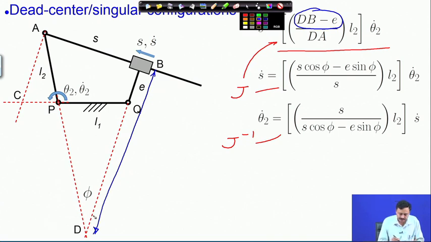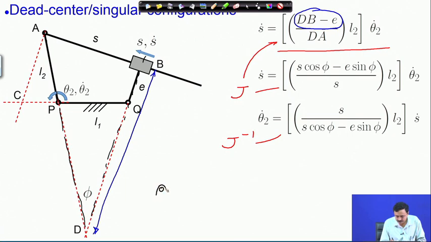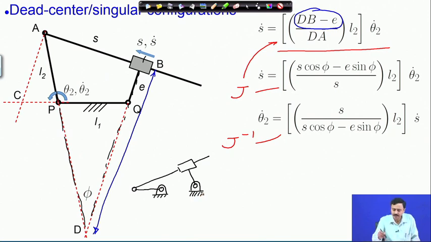Remember, D is located by the intersection of a line through the point Q in the direction perpendicular to the sliding direction and a line through A and P. Let us see what happens in this case.